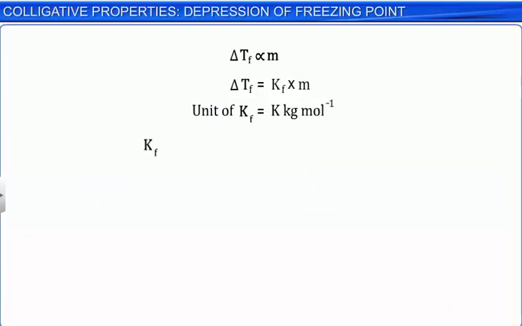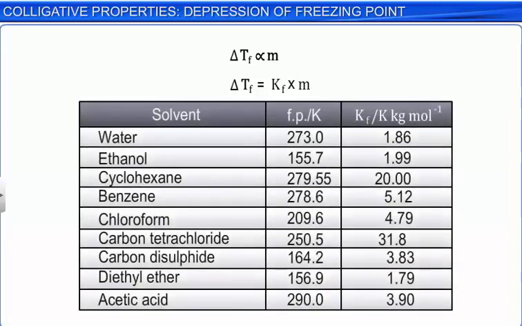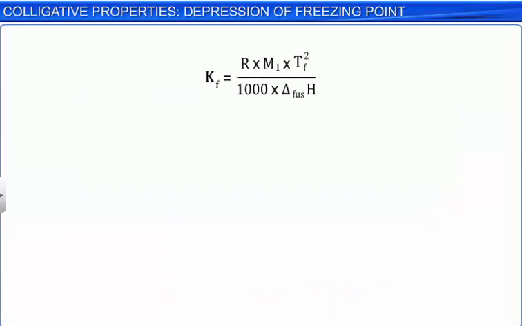As Kf depends upon the nature of the solvent, its value is different for different solvents. The values of Kf can be calculated from this expression. In this expression, R stands for the gas constant, M1 stands for the molar mass of the solvent.